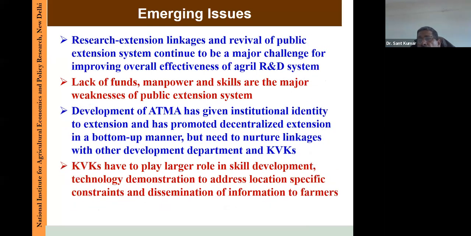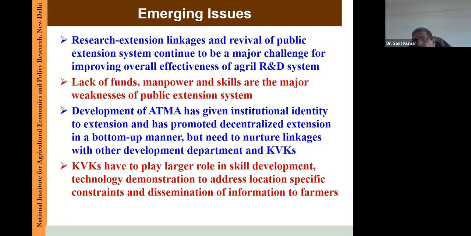Research-extension linkage and the revival of the public extension system continue to be a major challenge in improving the overall effectiveness of agriculture R&D. The lack of effectiveness, the lack of funding, manpower, and skills are the major weaknesses of the public extension system.